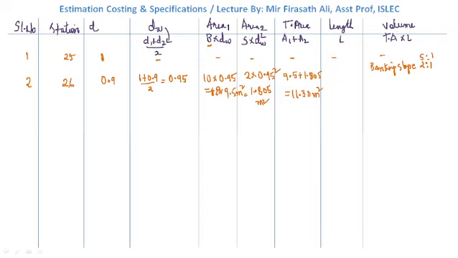We know the length is 40 meters. So volume is equal to area into length. Total area 11.30 into 40, which is nothing but 452.2 meter cube.